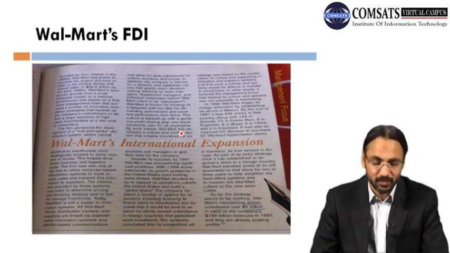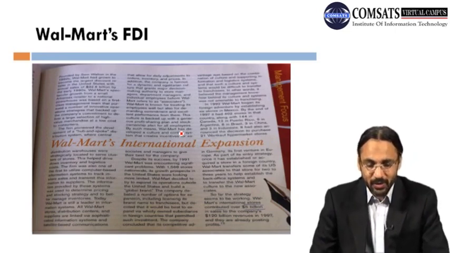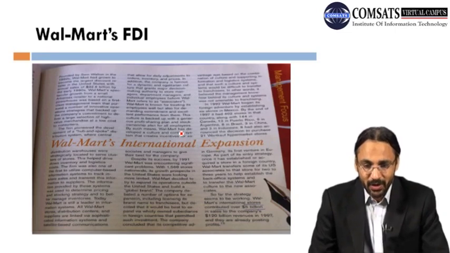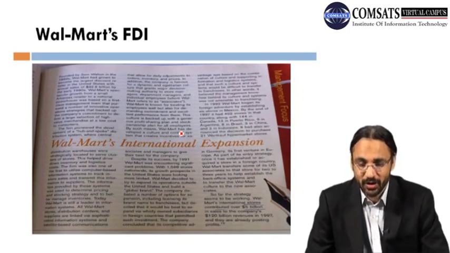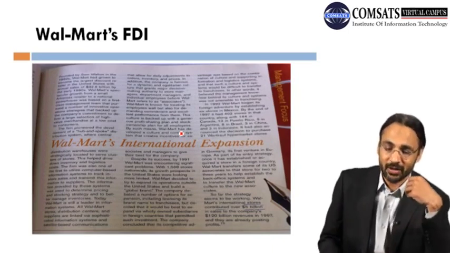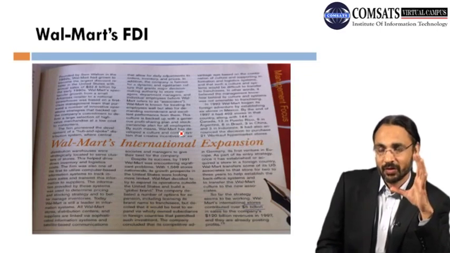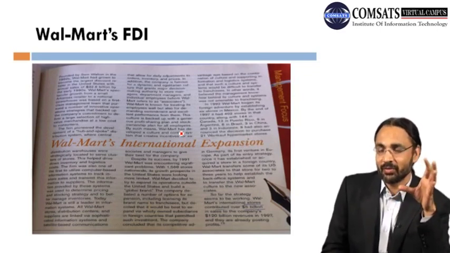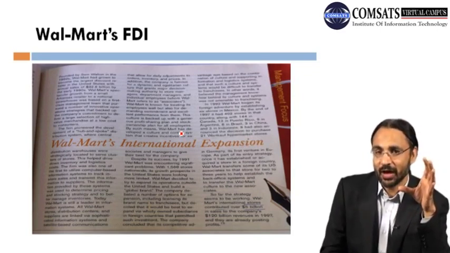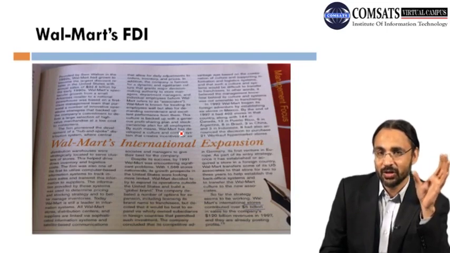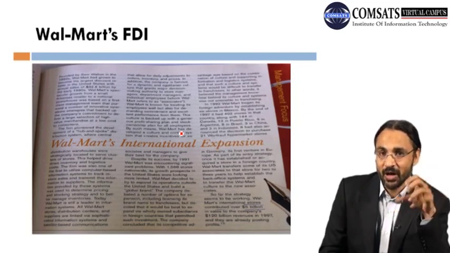The company concluded that its competitive advantages were based on a combination of its culture, supporting information and logistics systems. The important thing is that they knew the competitive advantage of Walmart lies in its culture of management and in its information system.